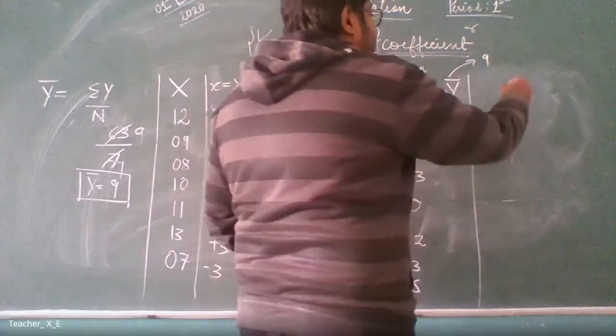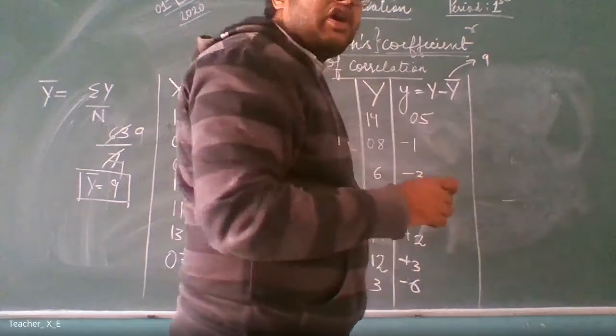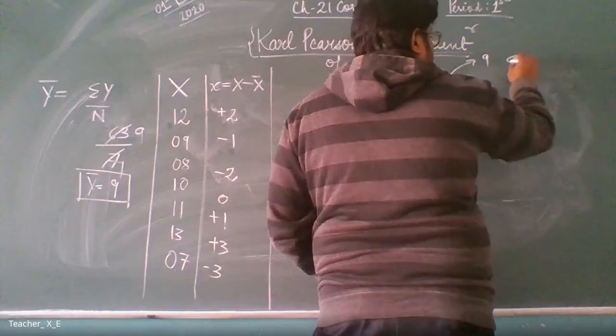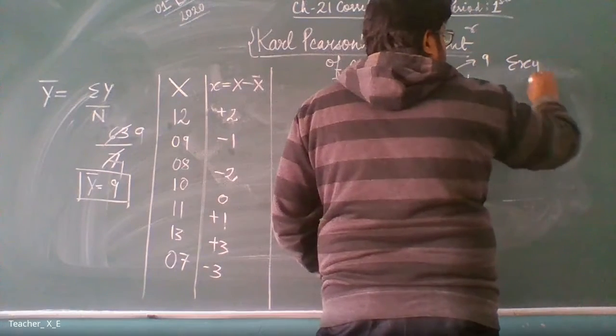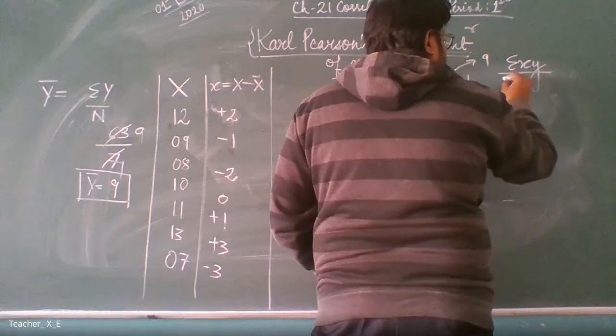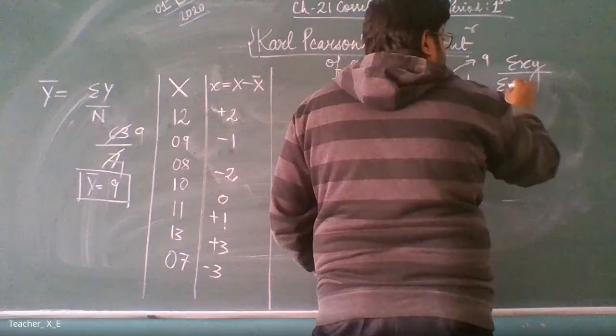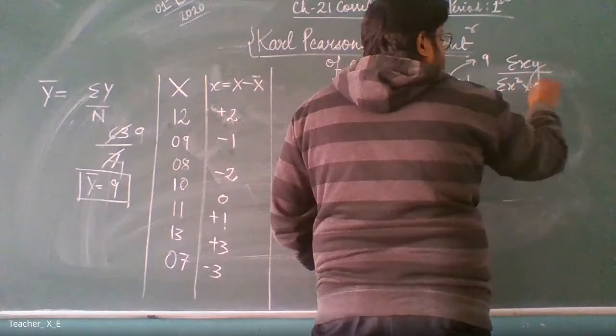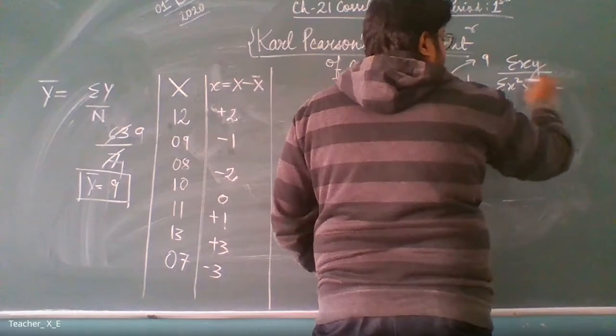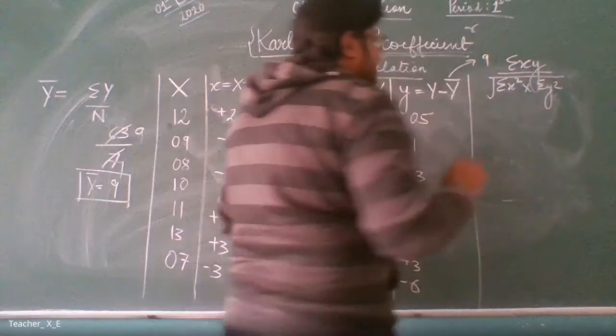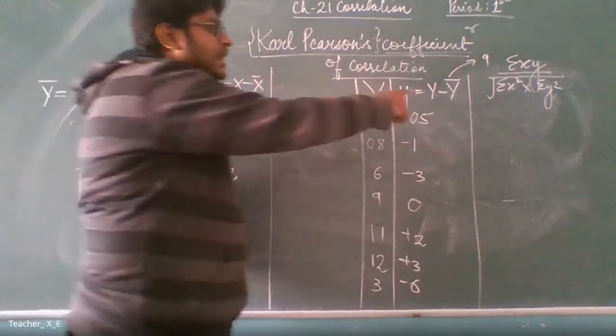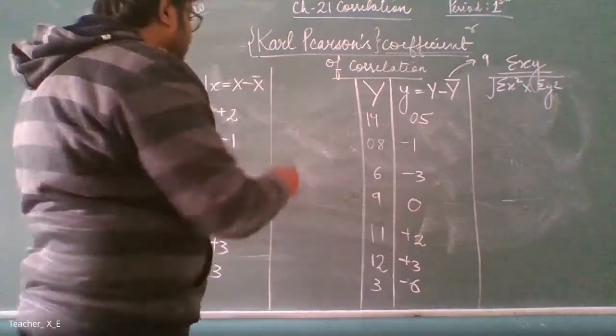Now what things do we have to get according to the formula? We have to know the summation of xy, then the summation of x square, then the summation of y square. So let us calculate x square and y square.